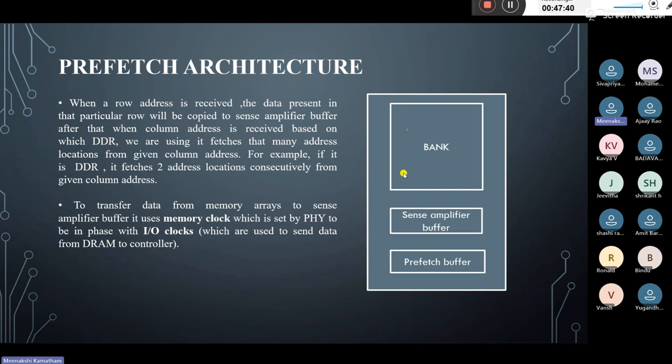What prefetch means is, as I mentioned, the row decoder and column decoder: after bank selection we select the row and column decoder. After the row decoder, we take that entire row into the sense amplifier. Why? We want to take the data after selection of that particular column.